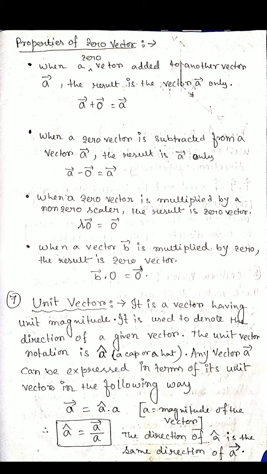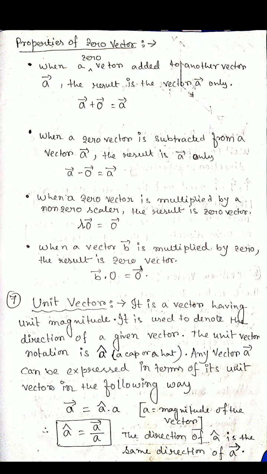Now the next one is the unit vector. This is a very important vector. Later, when we discuss many more things related to vectors, we use this unit vector. A unit vector is nothing but what gives us the direction of the given vector.